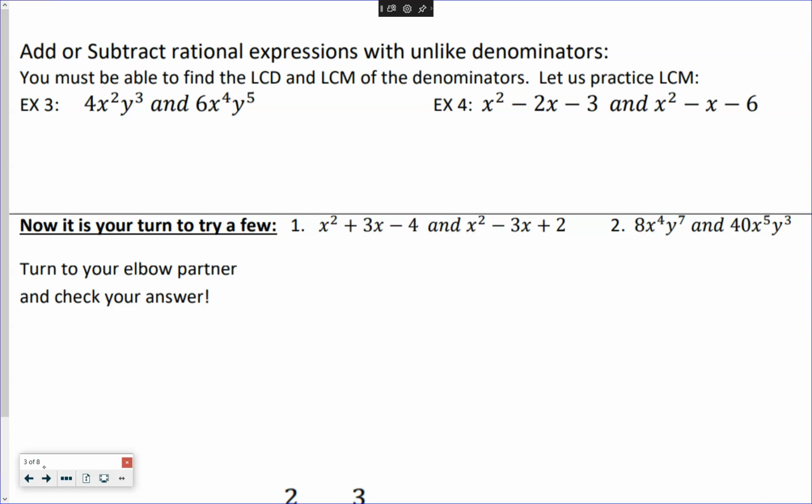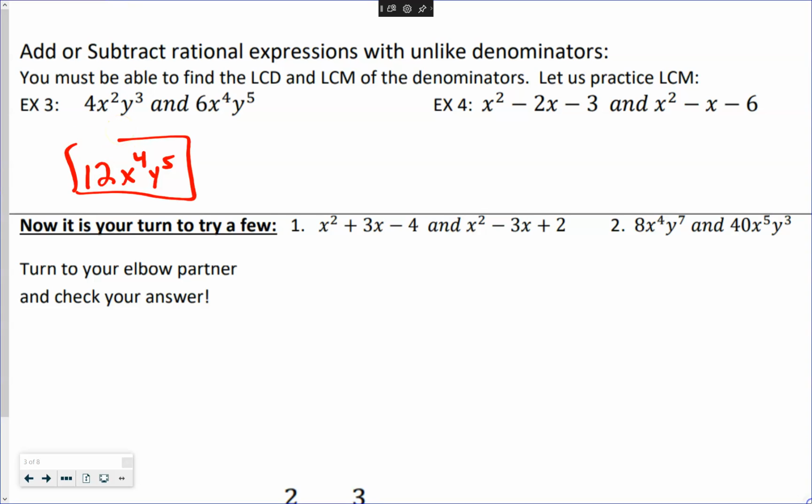Here, my least common multiple between 4 and 6, I can divide both those numbers into 12, because I could do 4 times 3 and 6 times 2 to get 12. I could do x squared squared to get x to the 4th, so I can make them both x to the 4th. With y cubed and y to the 5th, the least common multiple would be y to the 5th, because all I have to do is multiply this by y squared to get it.